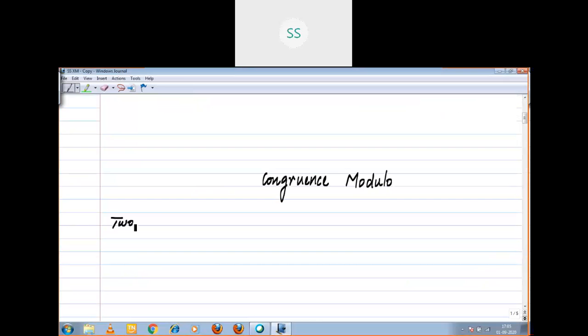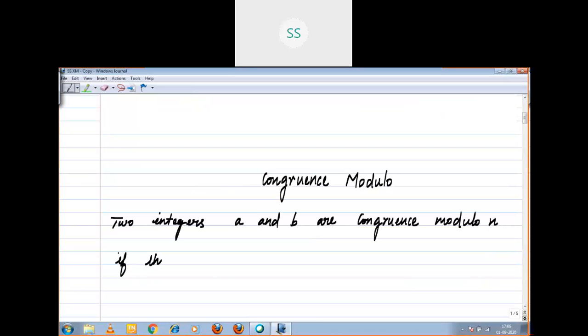Two integers a and b are congruent modulo n if they differ by an integer multiple of n.